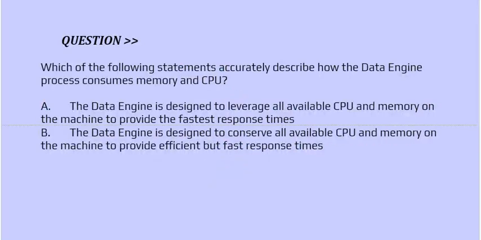Question is, which of the following statements accurately describe how the data engine process consumes memory and CPU? Option A. The data engine is designed to leverage all available CPU and memory on the machine to provide the fastest response times.